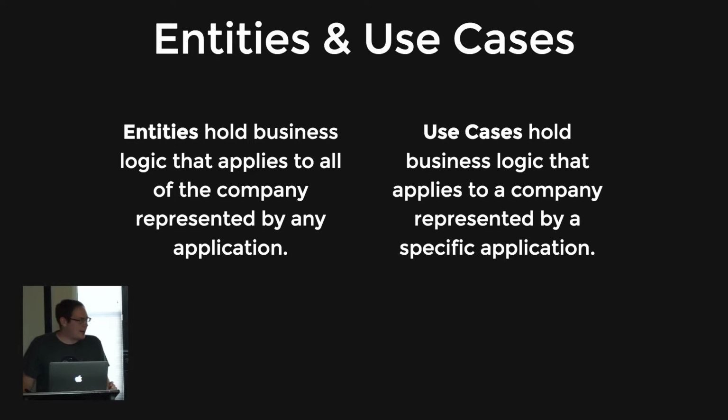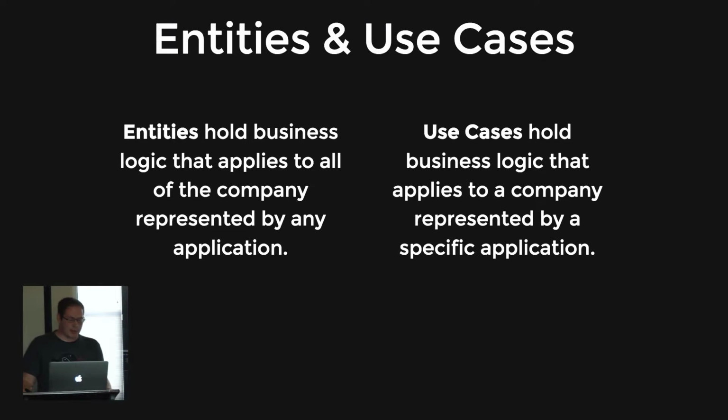So we'll talk about entities and use cases, and this is in the context of the clean architecture way of doing things. Entities hold business logic that applies to all of the company across all of the applications. Like, if you're an alarm clock company, sunrise is always when the sun comes up, kind of thing. That's a bad example, but that doesn't change.